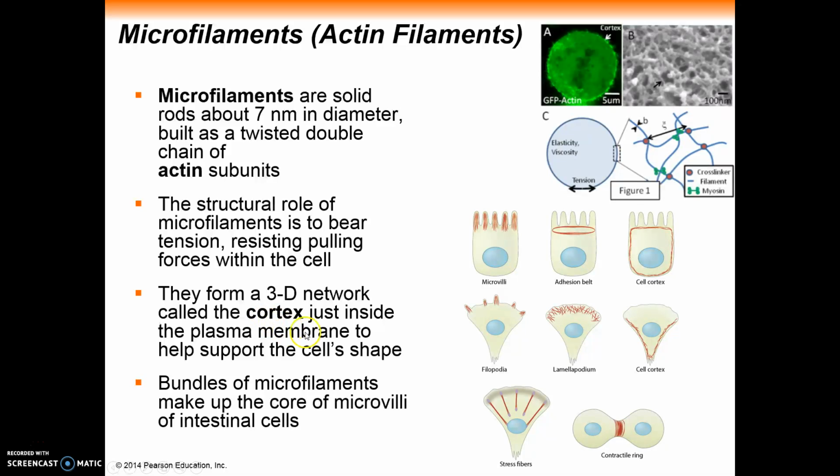Now, we have a layer of microfilaments or actin filaments that sits just underneath the membrane. So here is a fluorescent image of actin that is stained. It's glowing green, and you can see that it's sitting directly underneath the surface. Here's an electron micrograph of that structure. You can see it forms kind of a web-like structure.